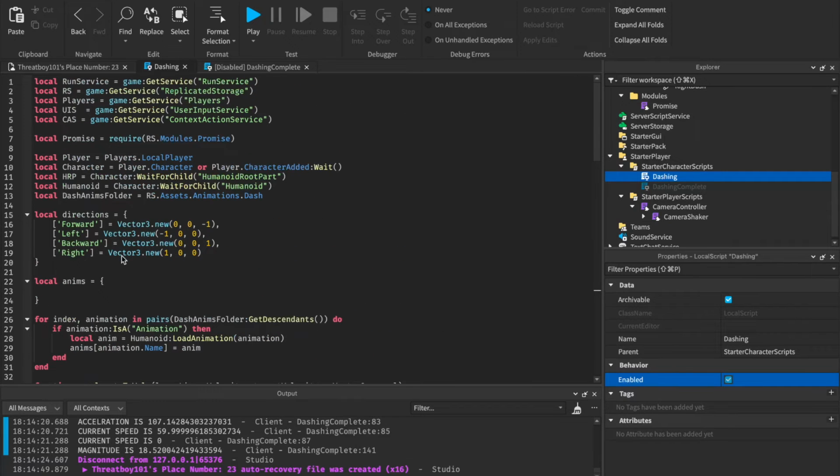Essentially, I'm multiplying this vector by the HumanoidRootPart CFrame to get it in world coordinates essentially.